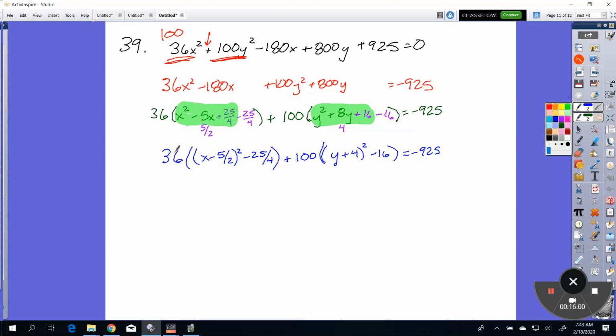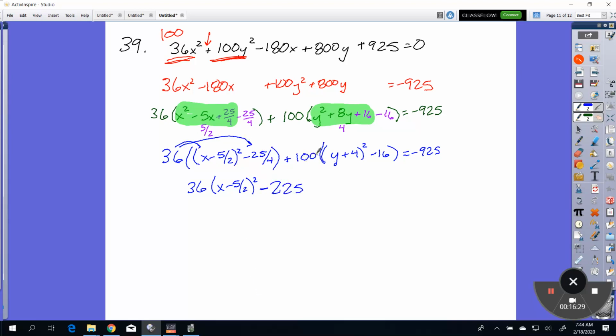So now I'm going to distribute the 36 into this one, so it's going to be 36 times x minus 5/2 squared. So that's the 36 to the first term, and then 36 times this. So I can go 36 divided by 4 first is 9, and then times that by 25 makes 225. So I distributed the 36.